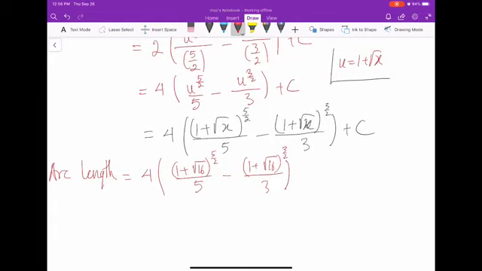All these things, subtract 4 times (1 plus square root of 0) to the 5/2 over 5, minus (1 plus square root of 0) to the 3/2 over 3.